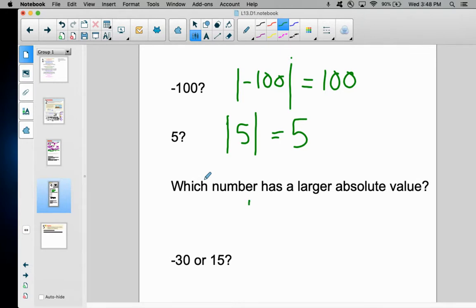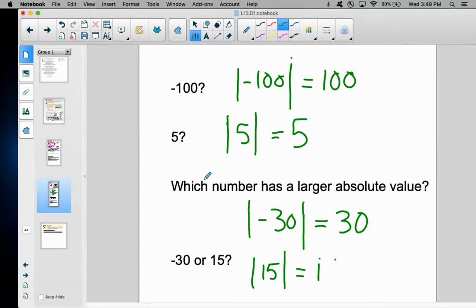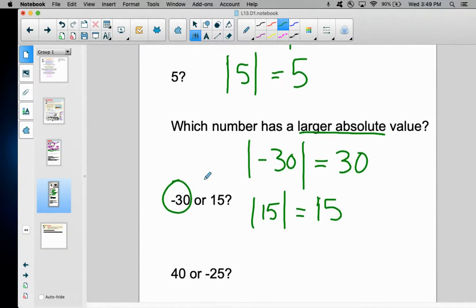So when we write that, we're going to put those numbers in the notation. And negative 30 is 30 units away from 0 compared to the absolute value of positive 15, which is only its positive form of 15. Therefore, which one has the larger absolute value? Negative 30 has the larger absolute value. And we went over that in class.